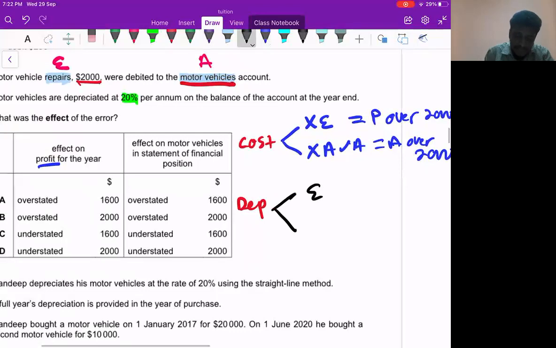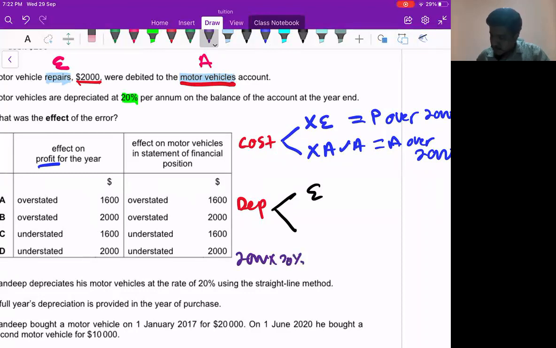Since you recorded it as a motor vehicle, you will then calculate the depreciation. How much is the depreciation? 2,000 times 20%, the depreciation will be 400. So you calculate the depreciation and then record it as an expense.